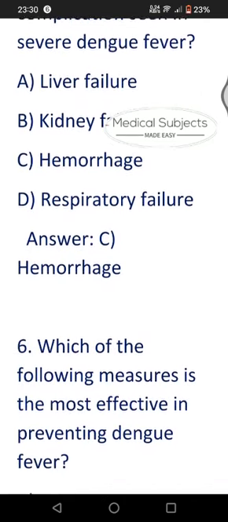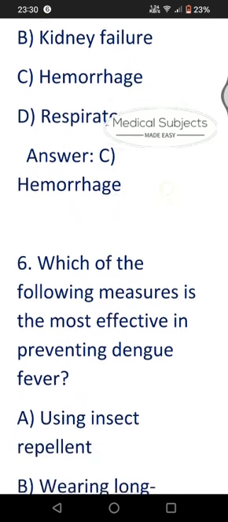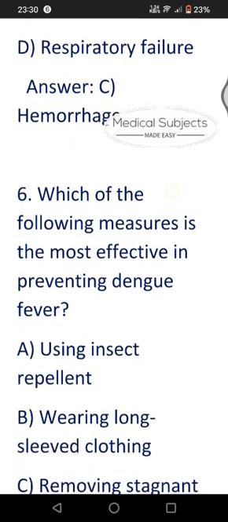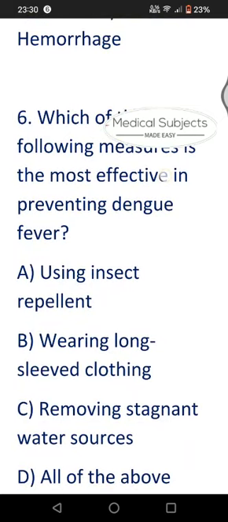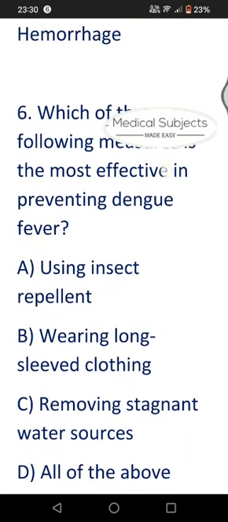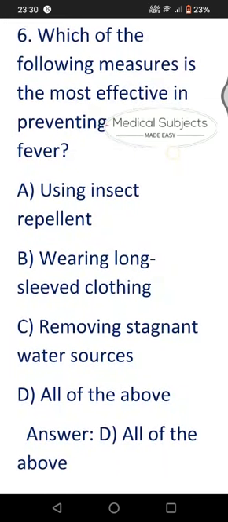Which of the following measures is most effective in preventing dengue fever? Using insect repellent, wearing long sleeved clothing, removing stagnant water sources, all of the above. The answer is obvious, all of the above. You need to use insect repellent, wear long sleeved clothing, and minimize the exposure of body parts.